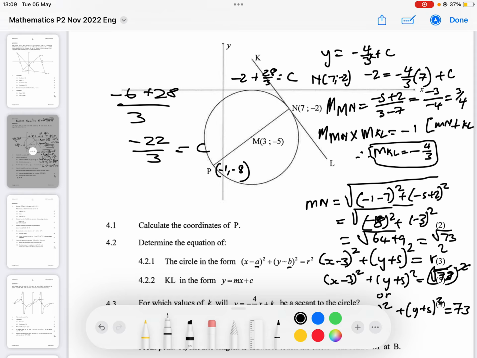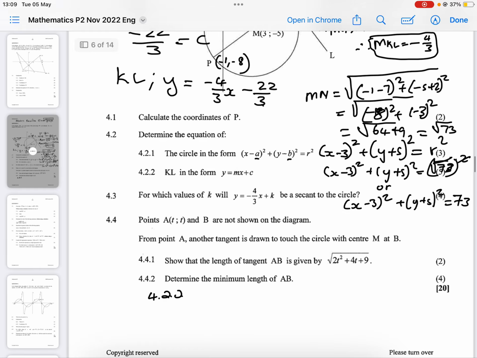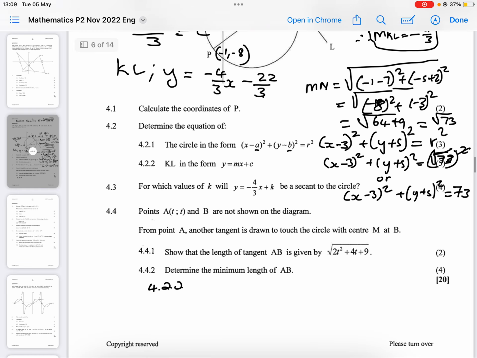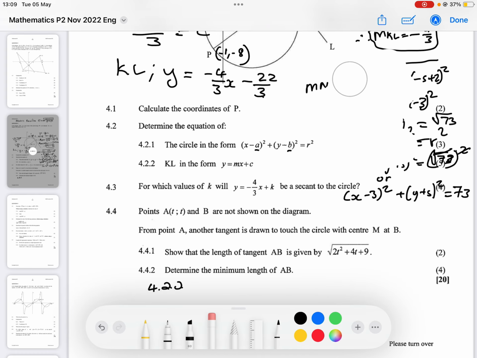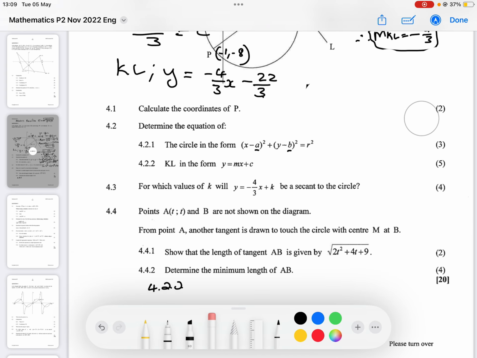So the equation of KL in the form of y equals, it will be what? Minus 4 over 3x, then C is minus 22 over 3. Then you get the marks. Now, therefore, I'm going to put my solution here. Remember here I said is x.